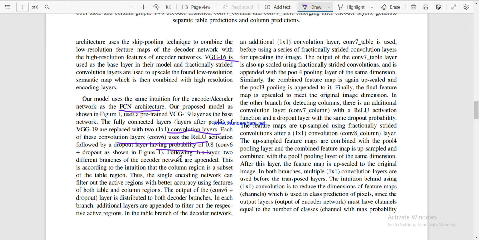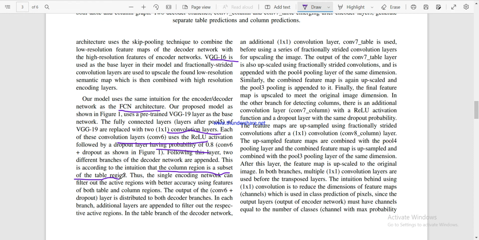Following this layer, two different branches of the decoder network are appended. This is according to the intuition that the column region is a subset of the table region. So they are saying that column region is a subset of table region. This is the intuition they are using.